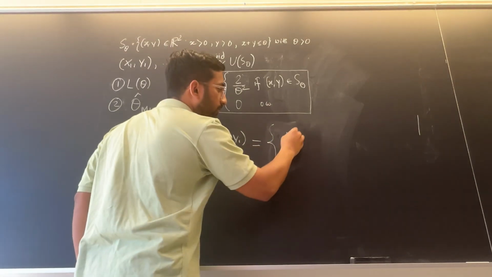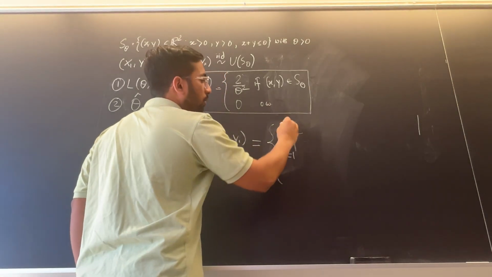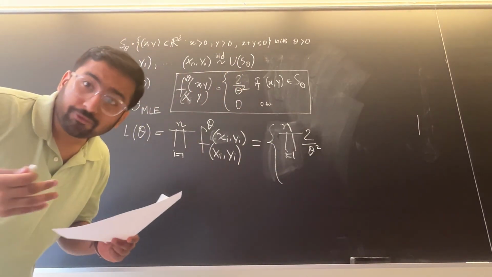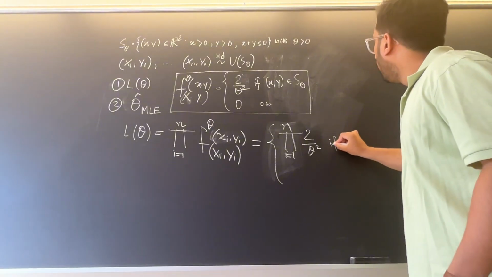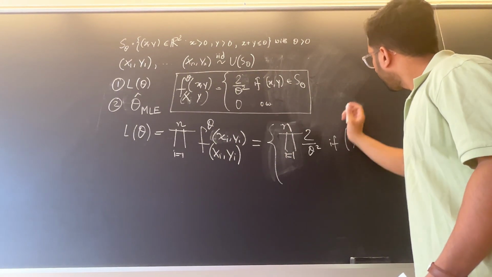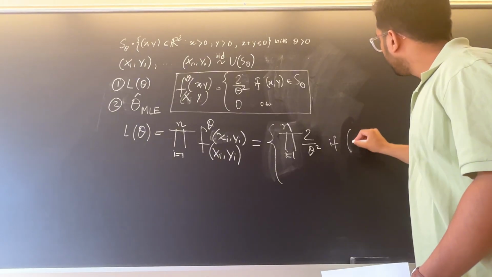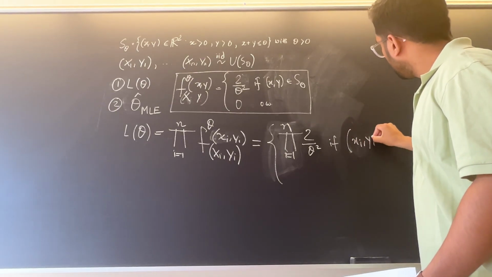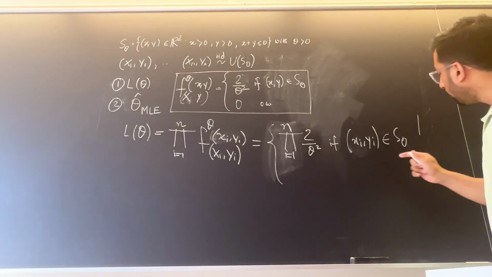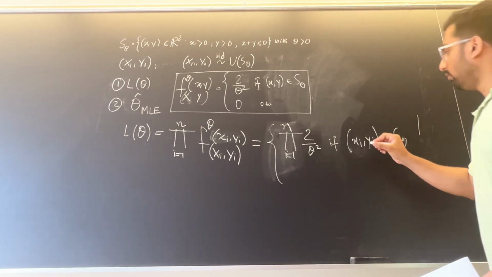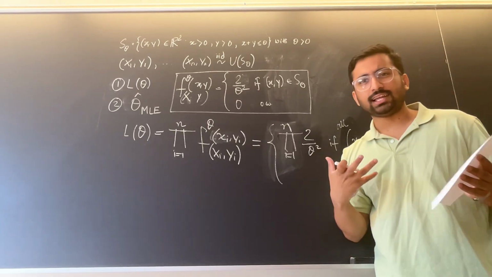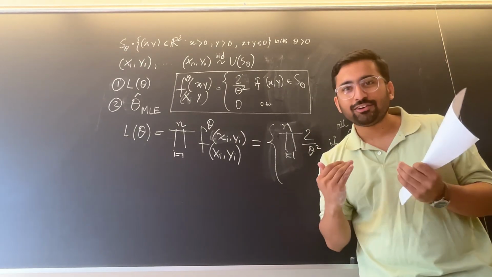So it's the product from 1 to n of 2 by theta if all the (xi, yi) belong to S theta. This is a bit non-mathematical in nature, a qualitative way of saying this.